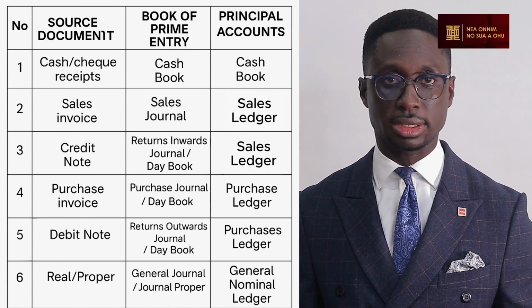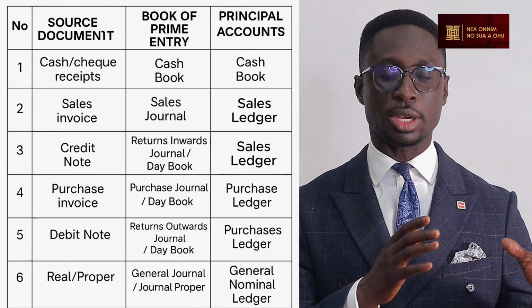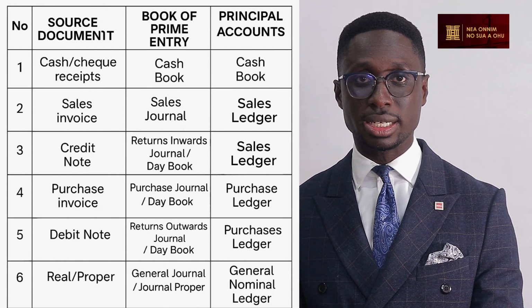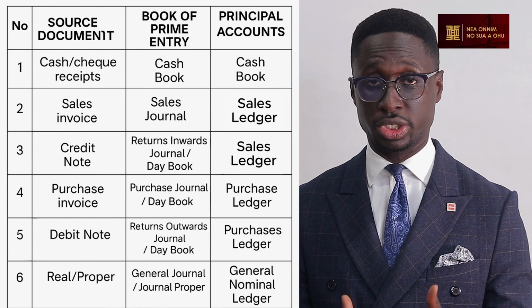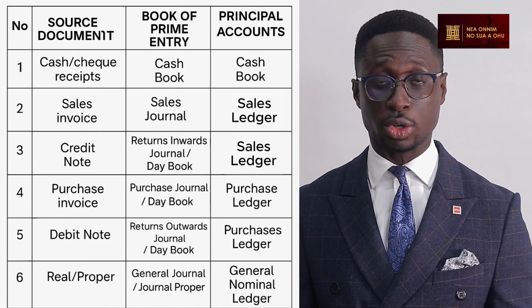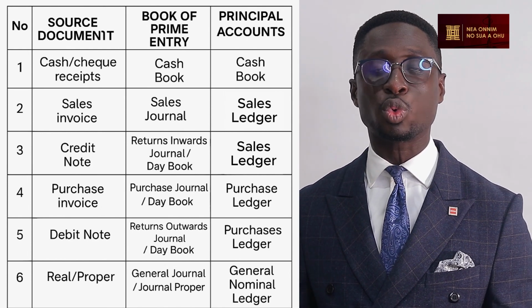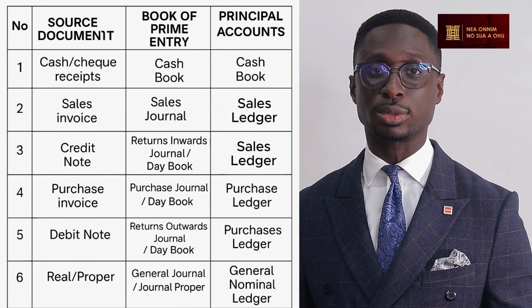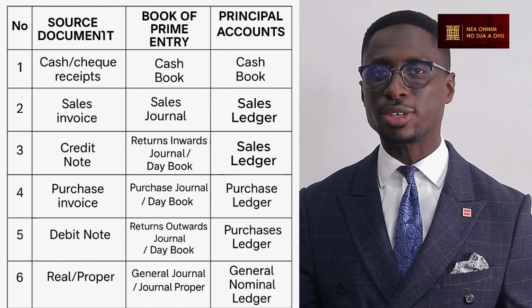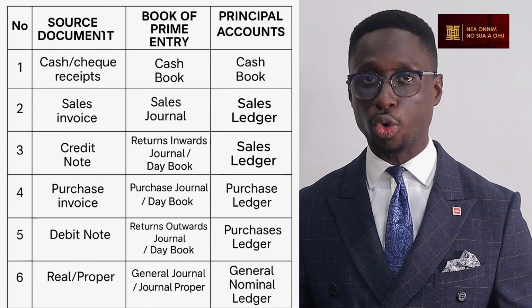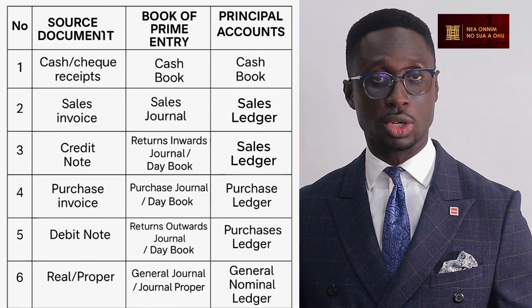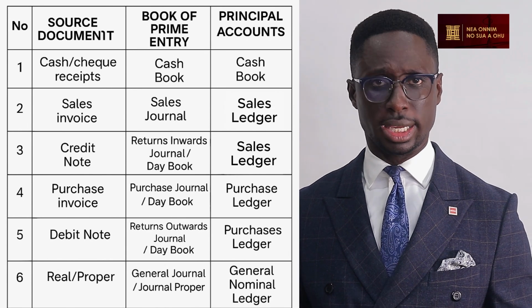And then finally, the real or proper journal, which would have been recorded in the general journal or journal proper, will now go into its principal book of accounts, known as the general ledger or the nominal ledger.